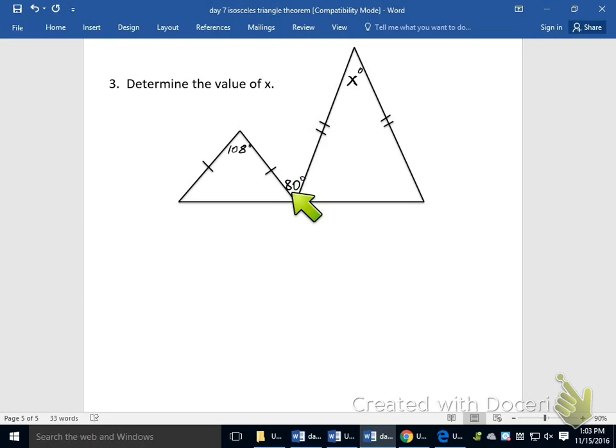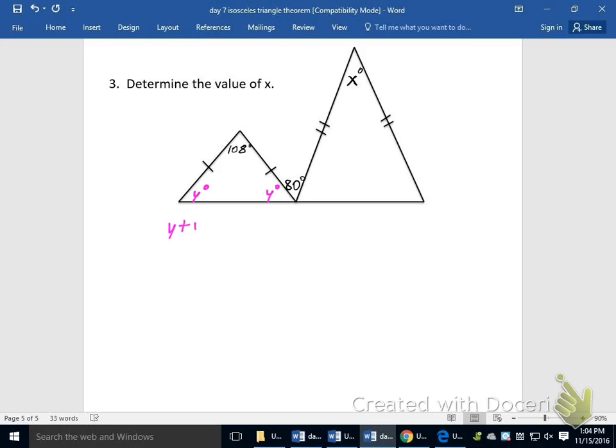All I have is just this angle here, and that's just not enough. Going back over here though, since I'm finding x, I'm going to throw in a little bit of a y degree right here, just to help me with the problem. I know that since this is y degrees, this over here is also y degrees. And that's using the isosceles triangle theorem, knowing that the base angles are congruent.